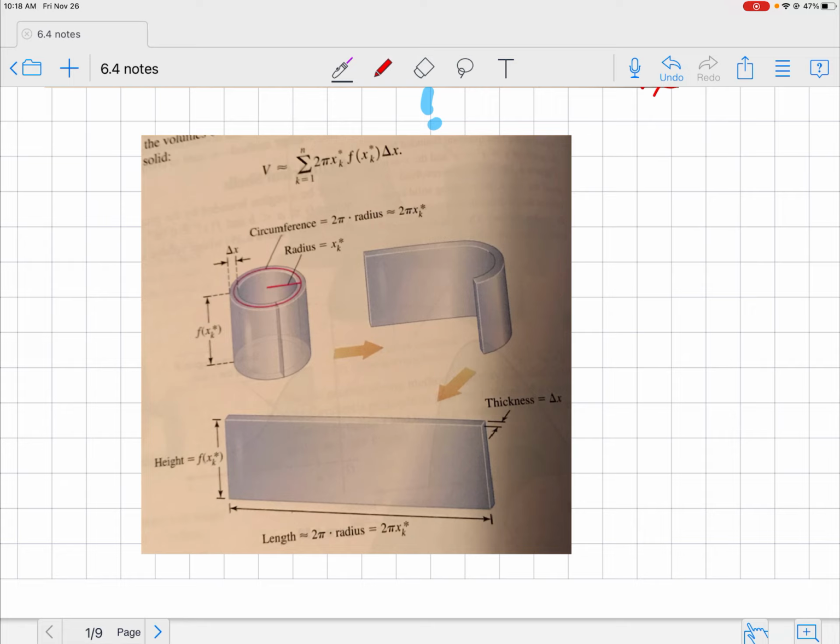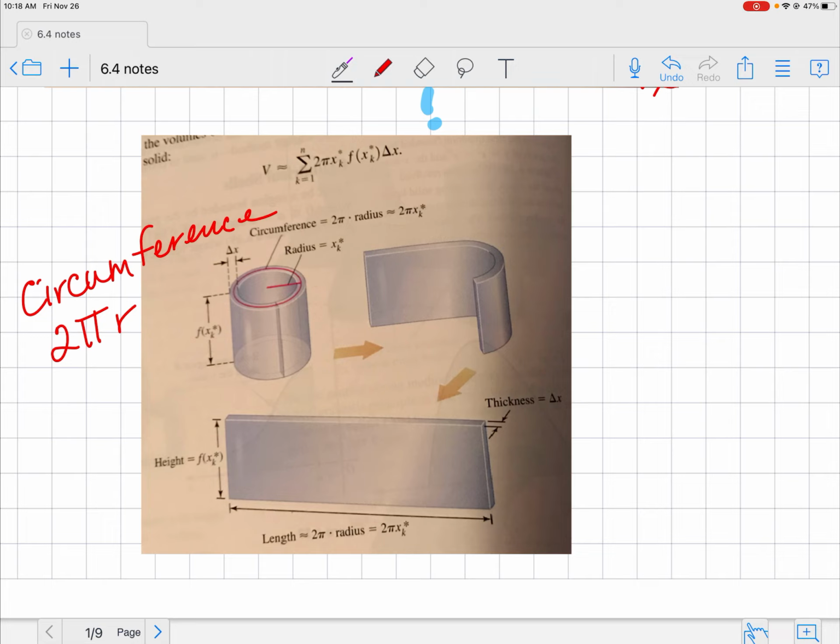Okay, so here's the kicker. When I'm looking at a cylinder, this is the circumference of my cylinder, and that's this 2 pi r. That's what we're getting at. And our r, right, is how far away we get to our function.